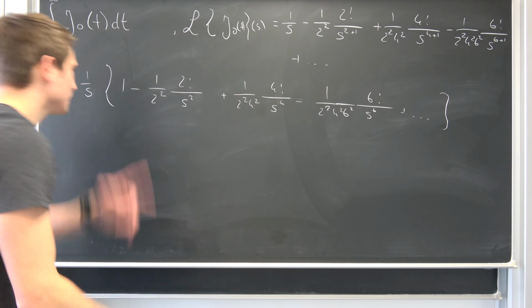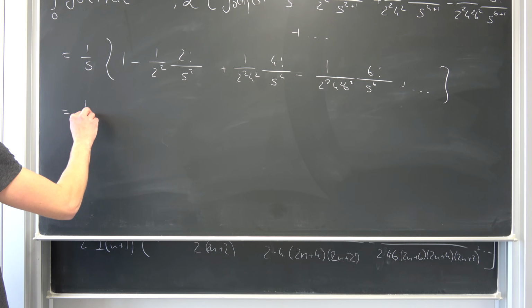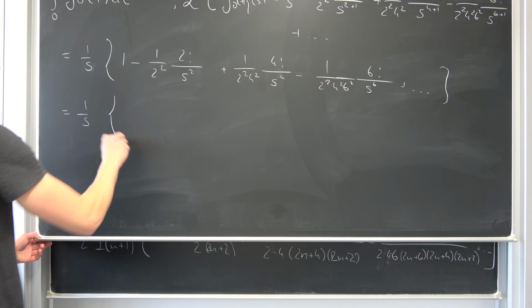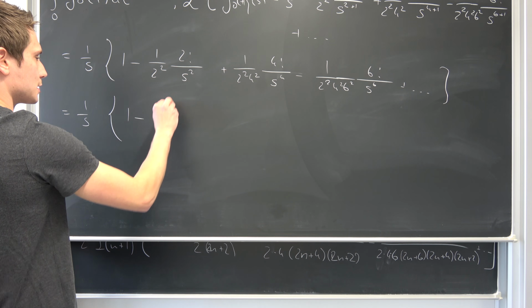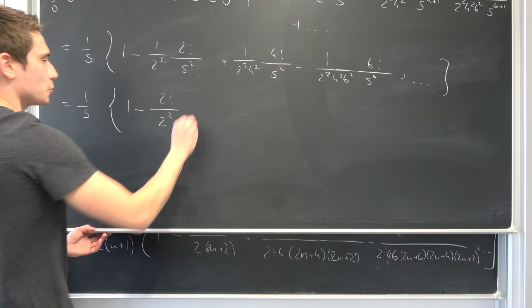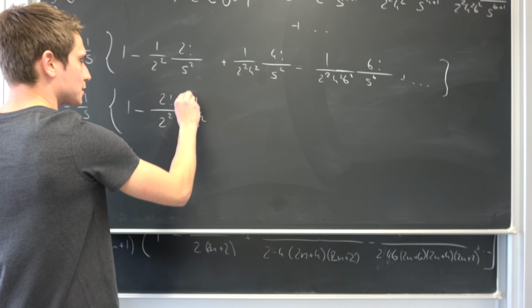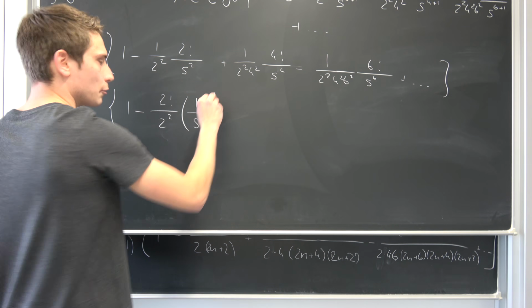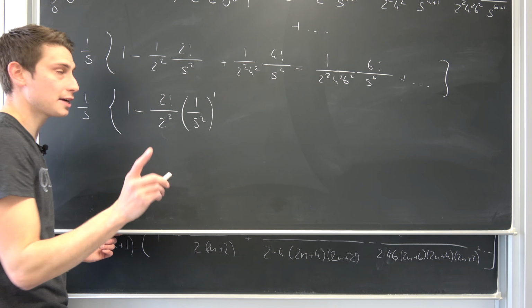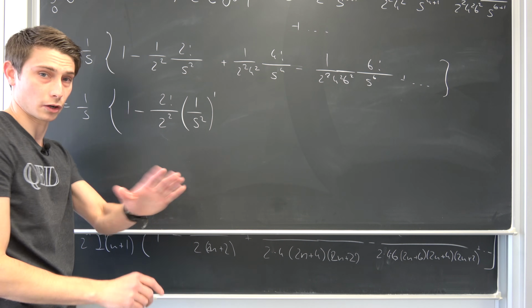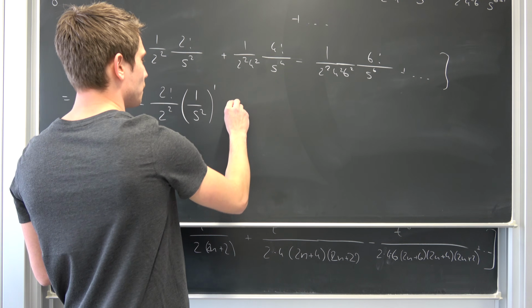Let's rewrite this a little bit more. This is nothing but 1 over s times 1 minus, okay, 2 factorial over 2 squared, times 1 over s squared to the 1st power. I'm going to put it like this. Just follow along, do not rush.